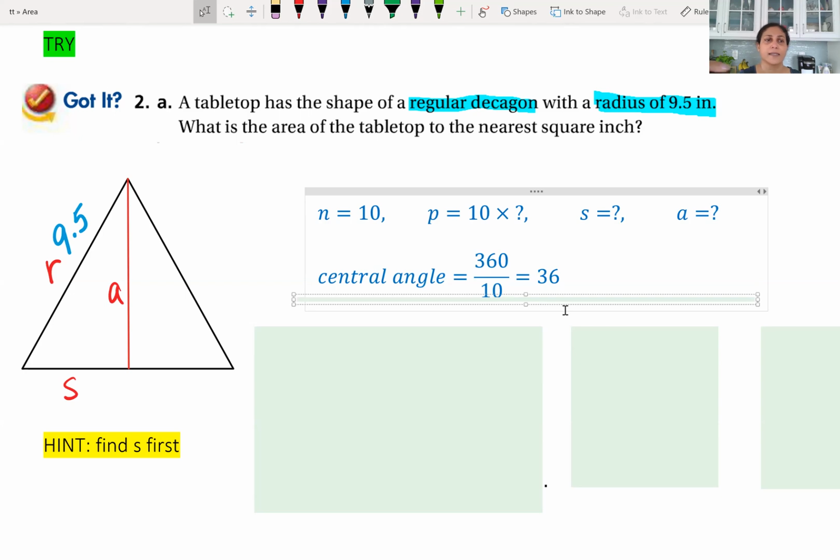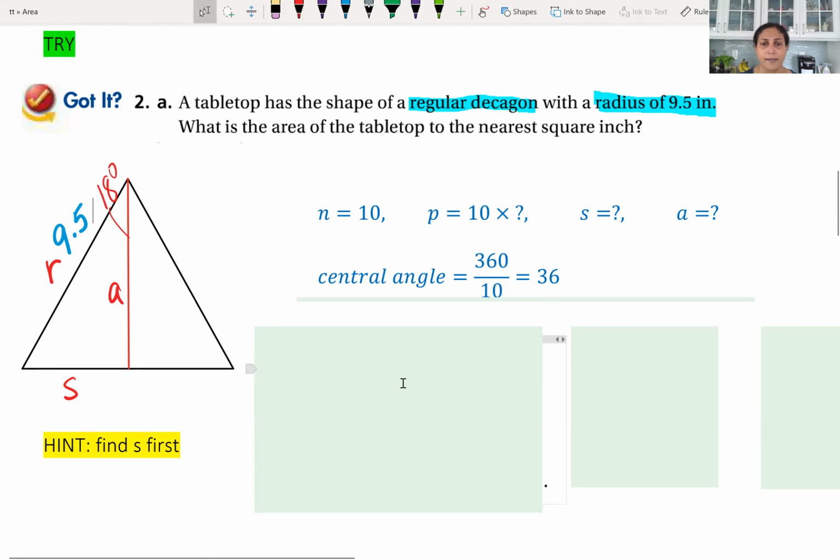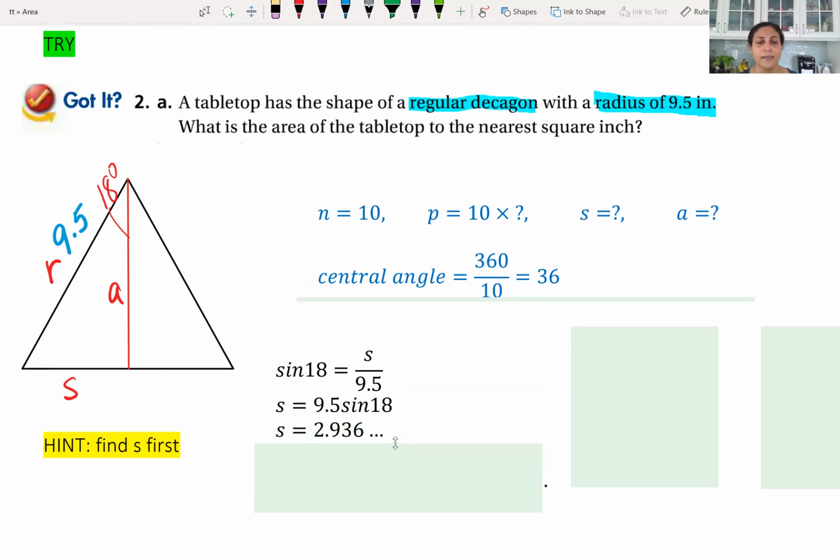Now remember, in this triangle over here, this angle is going to be 18 degrees. So we're going to use 18 and first find S. That's my hint. You can find it in any direction you want, but you want to make sure you get to the right answer. So we have this as our sine formula. And again, I'm just putting a few of the decimal places.